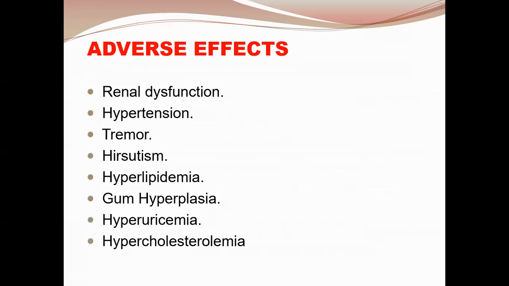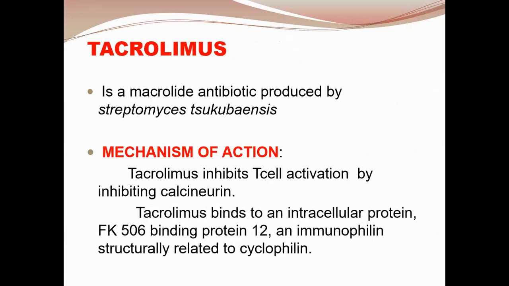When we talk about the adverse drug reactions of cyclosporin, they cause renal dysfunction, hypertension, tremor, hirsutism, hyperlipidemia, gingival hyperplasia, hyperuricemia, and hypercholesterolemia. These are all the side effects of cyclosporin, that is your calcineurin inhibitors.